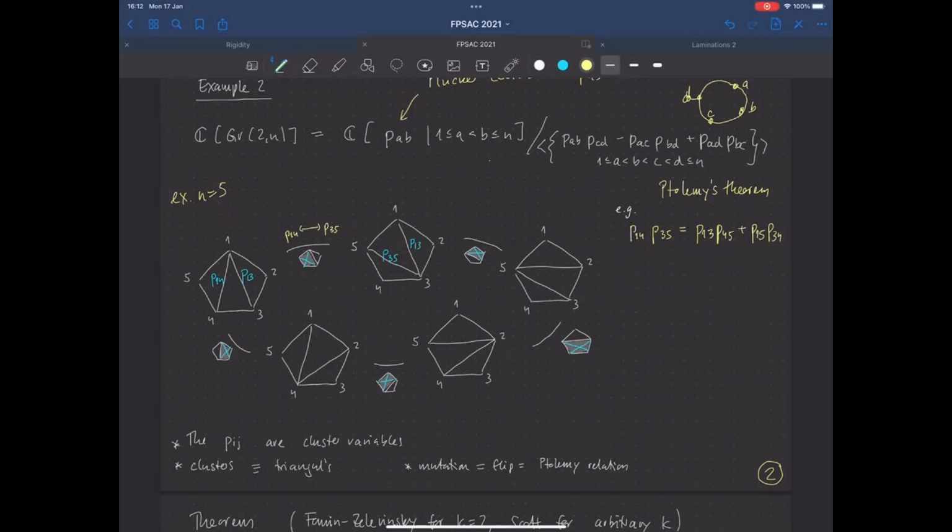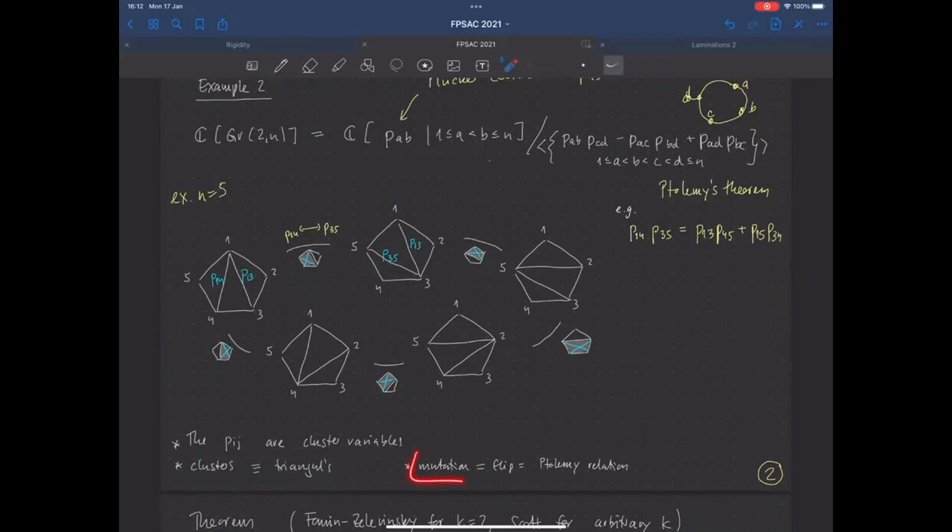And here we get the whole coordinate ring if we collect all these cluster variables and look at what they span in that coordinate ring. Now the collections I want, because I said these cluster variables are grouped into collections, are really just the triangulations in this pentagon or in a regular n-gon.